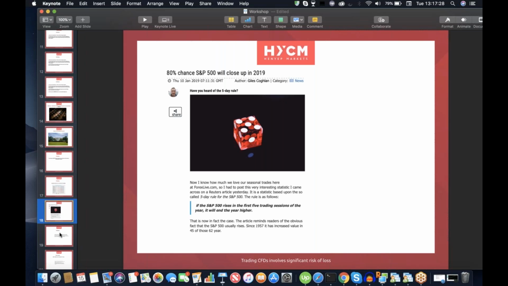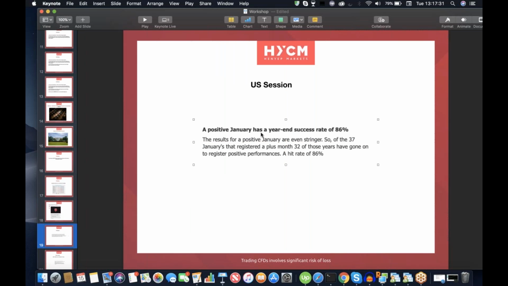And in fact, there's another rule that says if it's a positive January, the S&P 500 has a year-end success rate of 86%. And that's quite interesting given the huge drop-off in US equities at the end of last year, particularly over concerns of US growth. Now, obviously, statistics can be wrong, and I wouldn't recommend trading blindly on statistics.